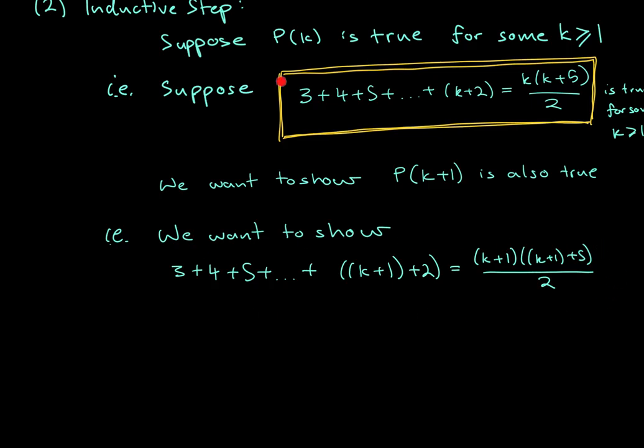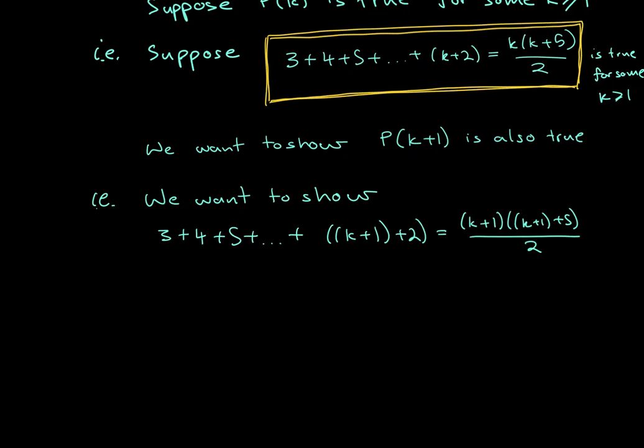But I am assuming that this is true. So I'm pretending for the time being that this is a true statement. I'm saying suppose that this were true, and I want to say that if this is true, then this has to also be true. This is called the inductive step. So in order to show this is true, I'm going to start on one side of the equal sign and then just mold it mathematically, hopefully using this yellow box.